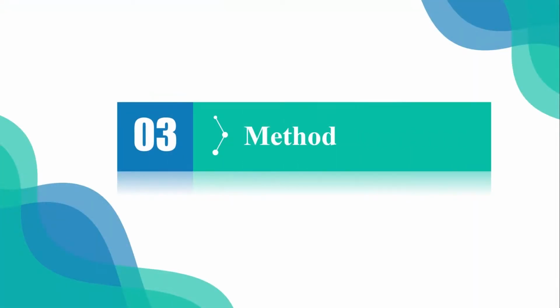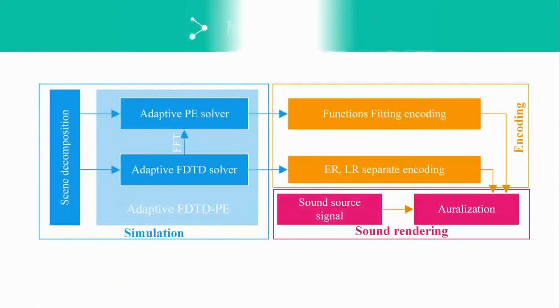And the method. As seen in the figure, the algorithm is divided into 3 stages: simulation, encoding, and sound rendering. In the simulation stage, we propose an adaptive FDTD-PE method to simulate sound propagation in outdoor scenes. The 3-dimensional space is divided into a series of 2-dimensional planes.